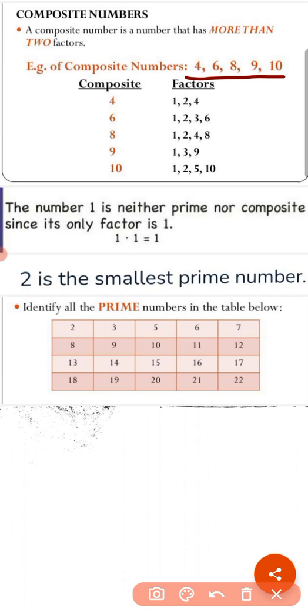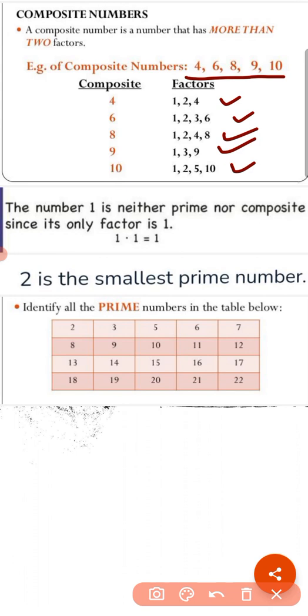The given numbers are examples for composite numbers: 4, 6, 8, 9, 10, 12, 14. Here the factors of 4 are 1, 2, 4. Factors of 6 are 1, 2, 3, 6. Factors of 8 are 1, 2, 4, 8. Factors of 9 are 1, 3, 9. Factors of 10 are 1, 2, 5, 10.